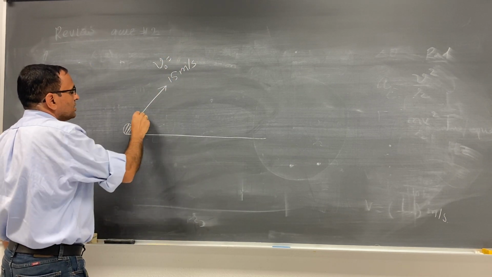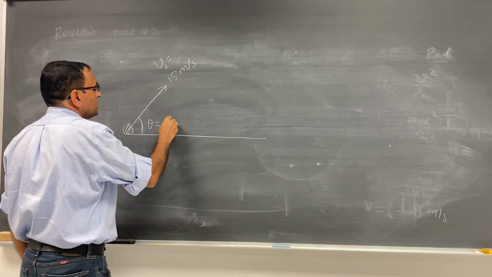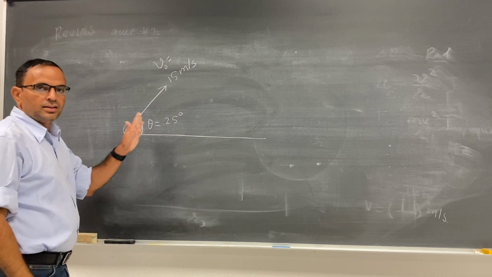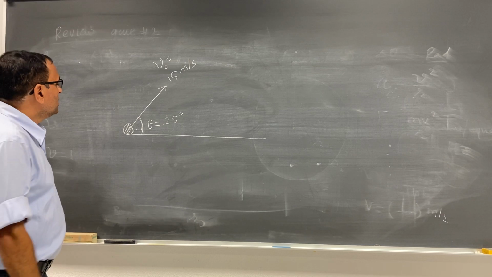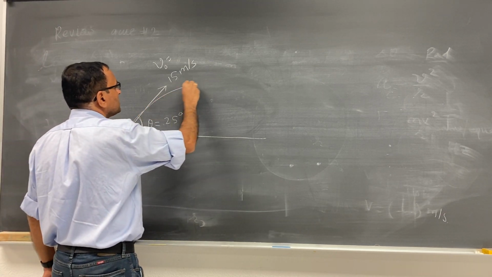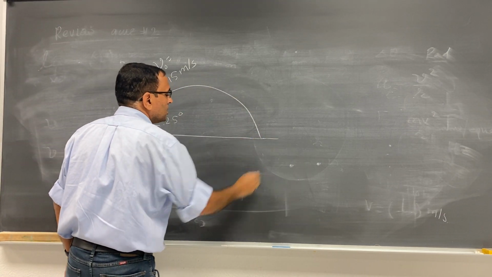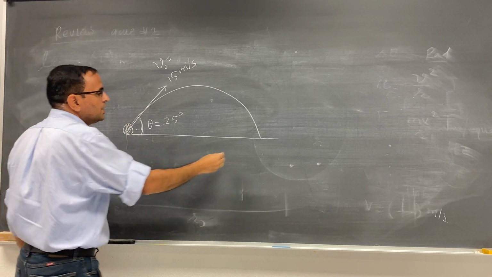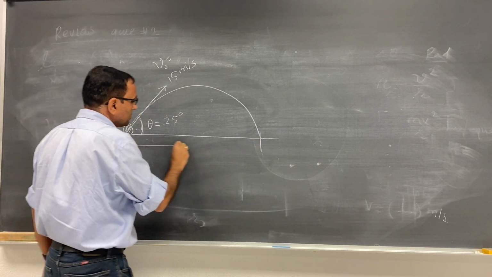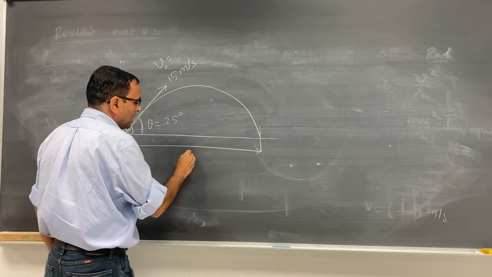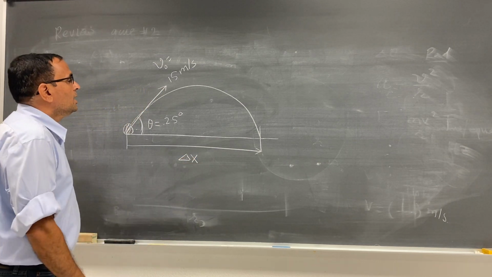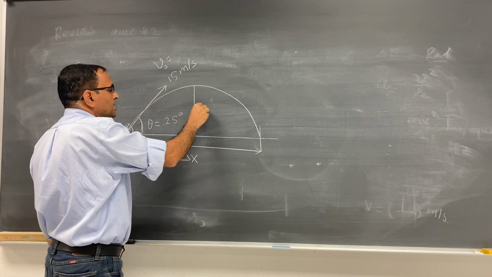And this angle is theta, equal to 25 degrees, or whatever angle is given. You need a calculator. This object goes there, and from here to there is called delta x, and this is called the maximum height h.